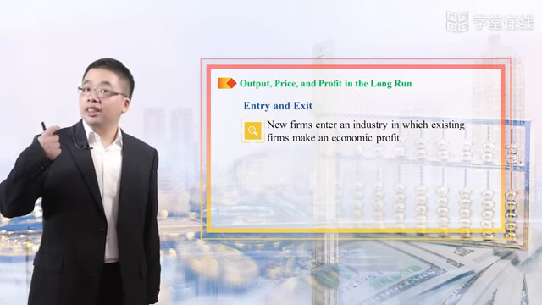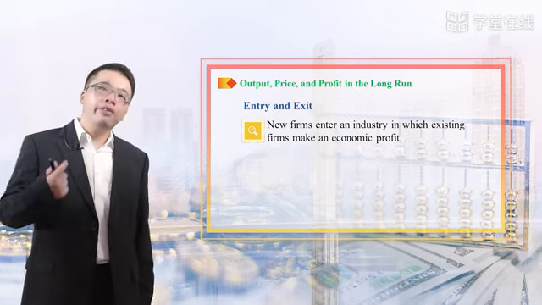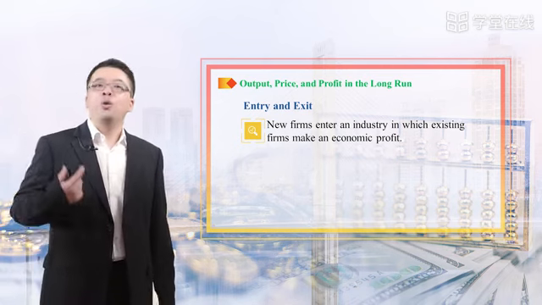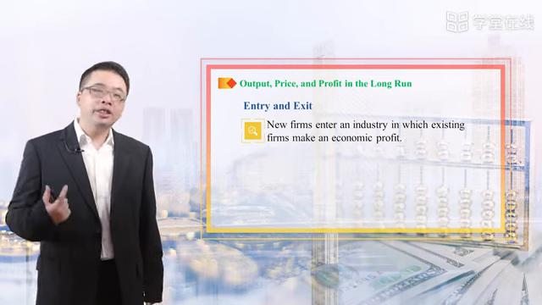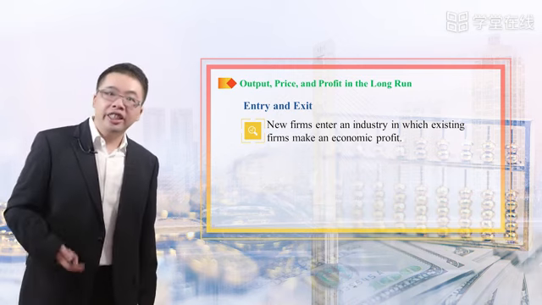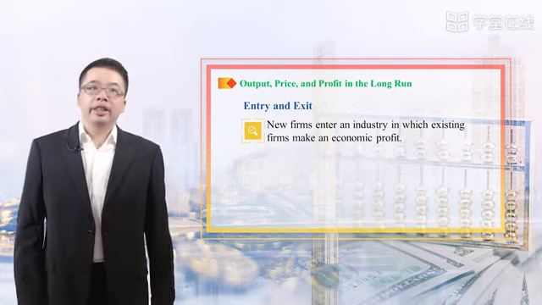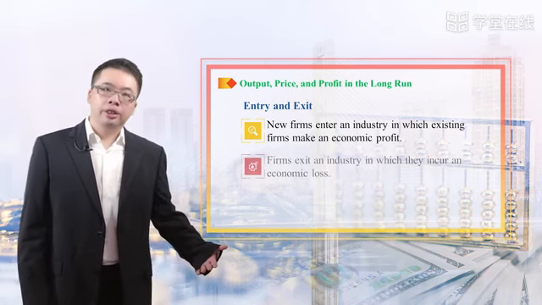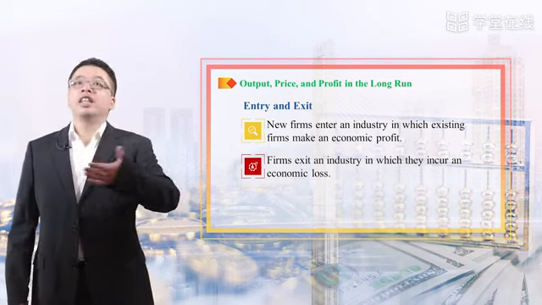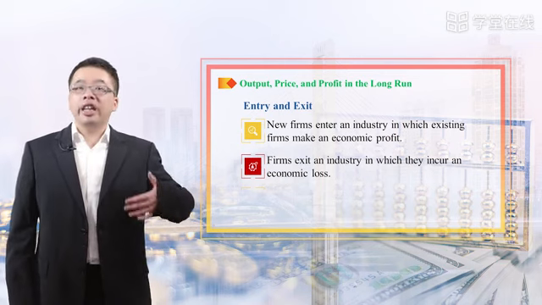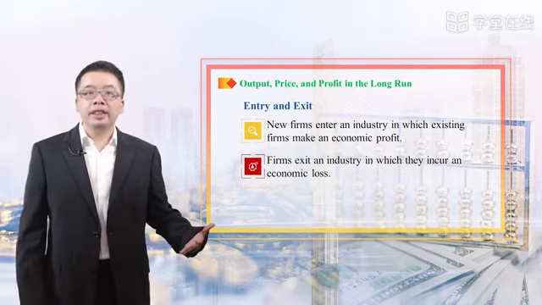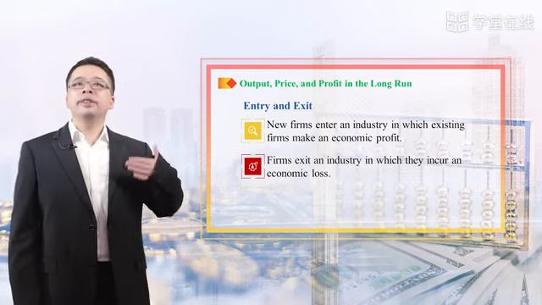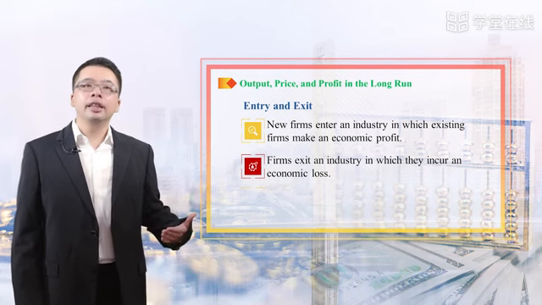It means that every firm in the existing market makes supernormal profit, which will attract others as new firms to enter this industry. And new firms entering may change the situation. Also, if the industry suffers economic loss, the firms have an incentive to leave the market. The firms have an incentive to exit the market.